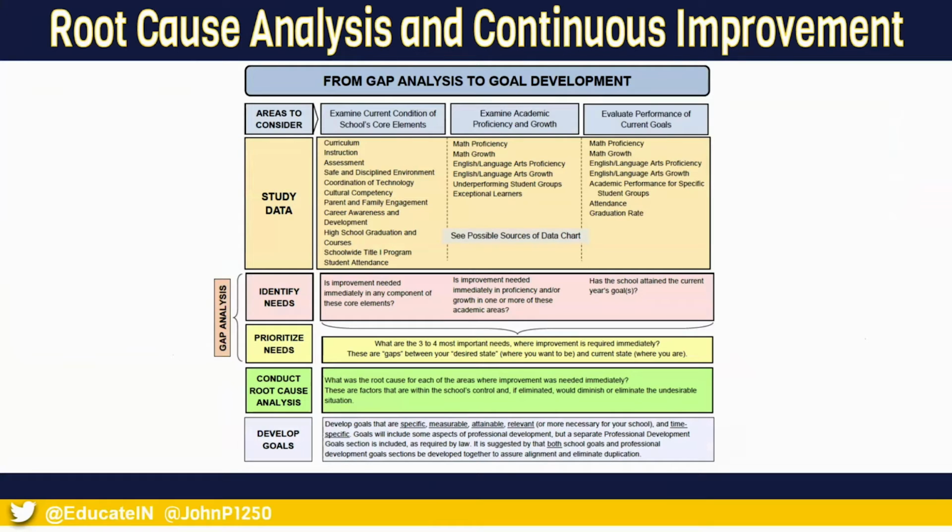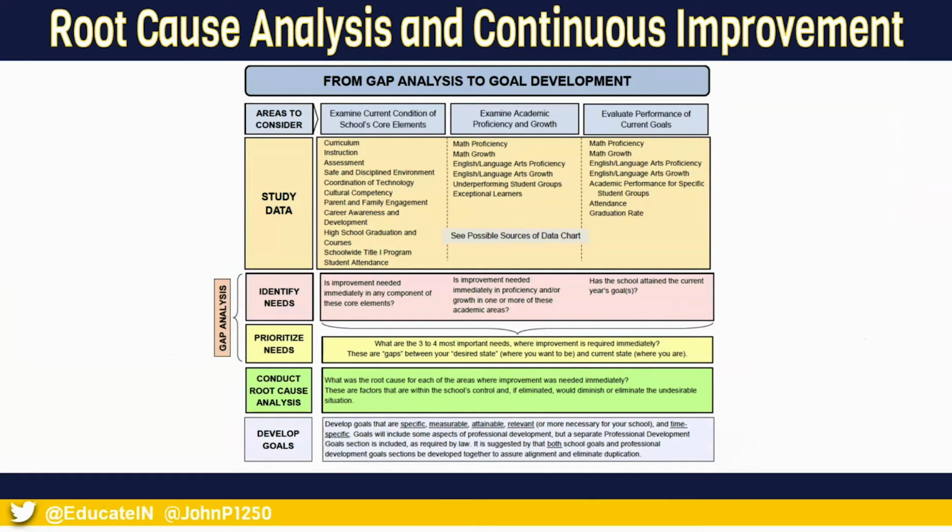Another way to see where root cause analysis fits into school improvement planning, and in the template specifically, is to look at this graphic. Again, using the identified gaps from gap analysis, a root cause analysis is conducted for each area shown here in green. So the gap analysis, as a review, identifies our needs and prioritizes those needs.